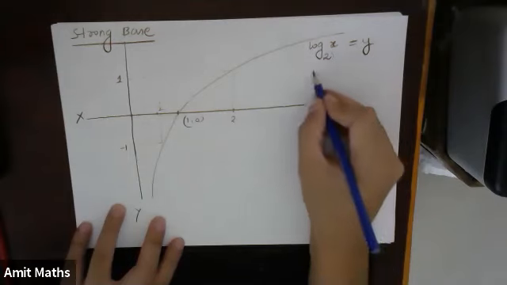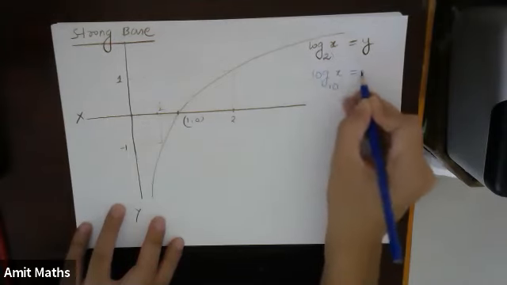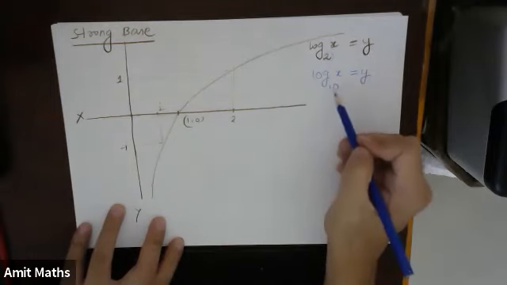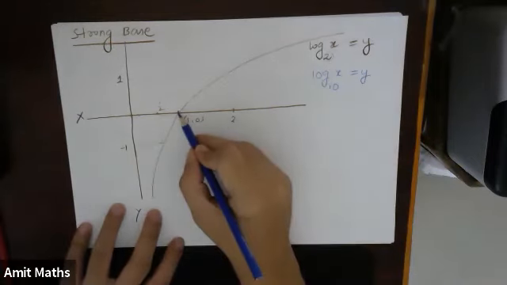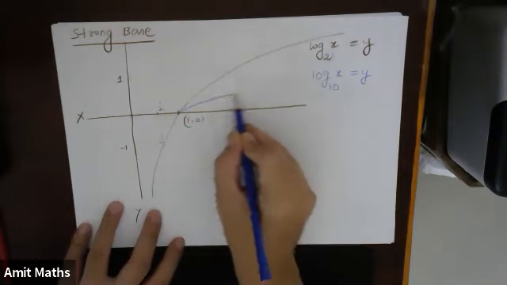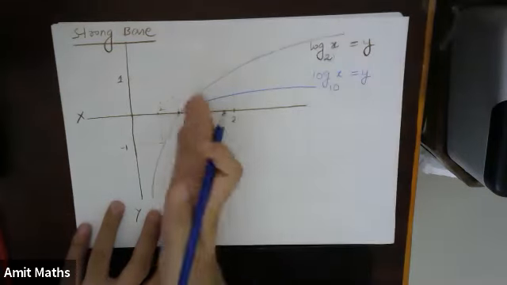If I am taking log base 10 of x equals y, the graph of this log base 10 will look something like this. This part will go down and this part will go that side.